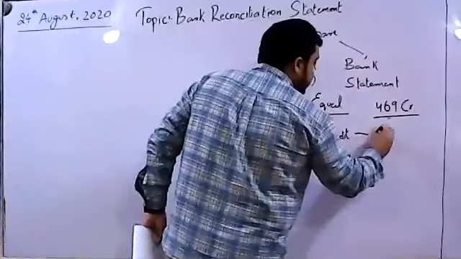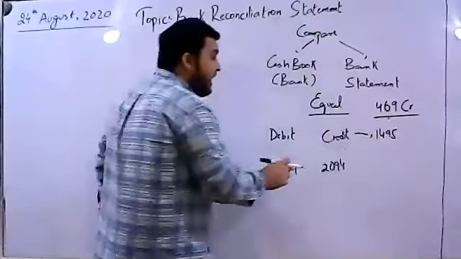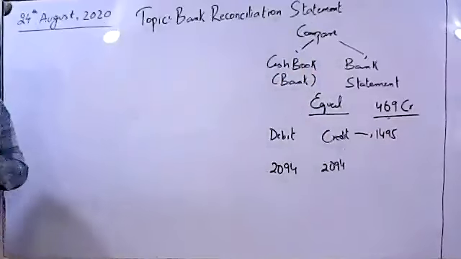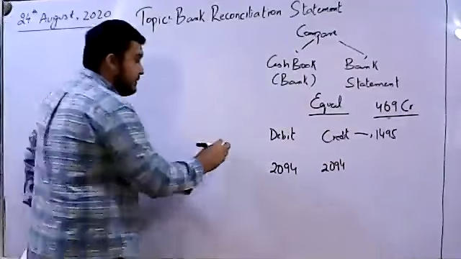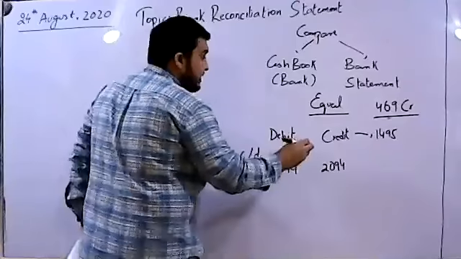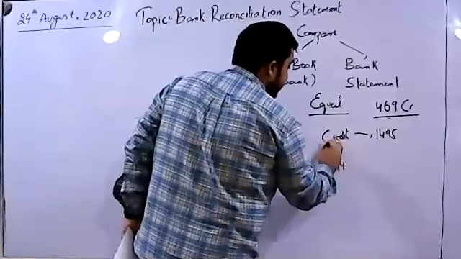Now what we are going to do, we are going to deduct these 1495 out of 2094. Okay, good enough. So the answer that we get, the balance that would be coming on the lower side, is 599.